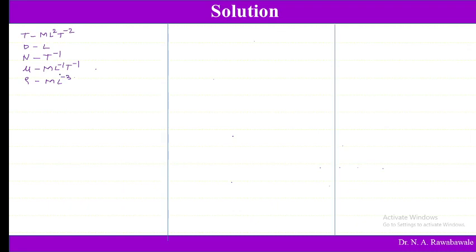So we have 1, 2, 3, 4, 5 variables. Number of variables is equal to 5.